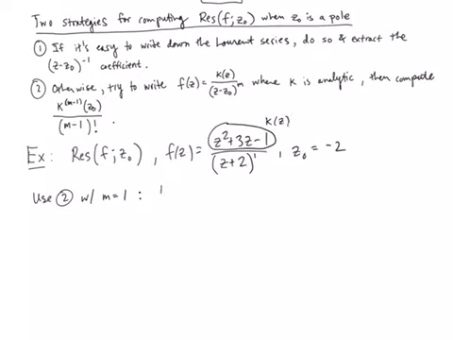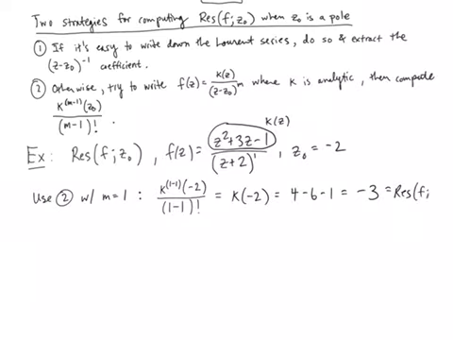So you have to take the 0th derivative, because you have 1 minus 1, at negative 2 divided by (1 minus 1) factorial. So you've got 0 factorial, that's just 1. This k with 0 in parentheses just says 0 derivatives, so that's just k itself evaluated at negative 2, and that is 4 minus 6 minus 1, and that's negative 3. So this is equal to the residue of the function at z naught.